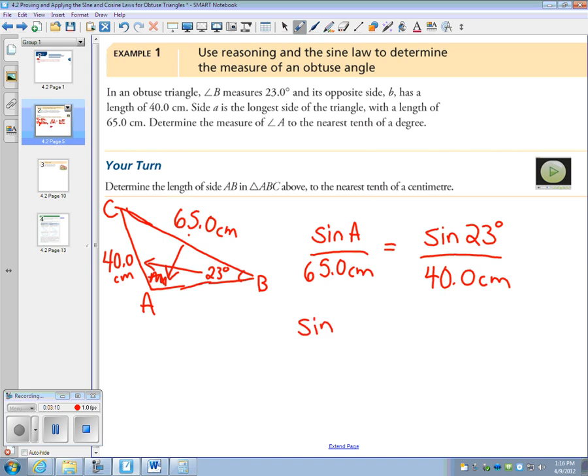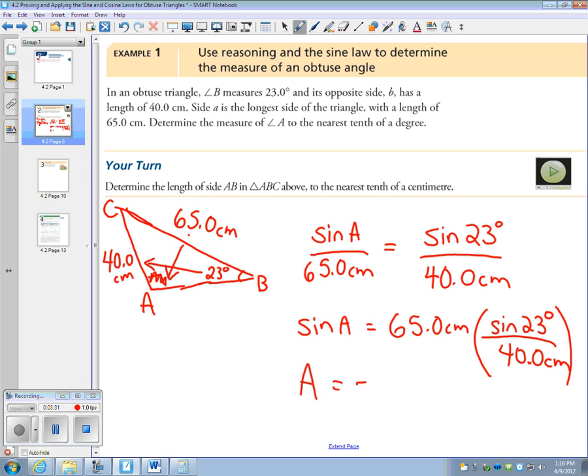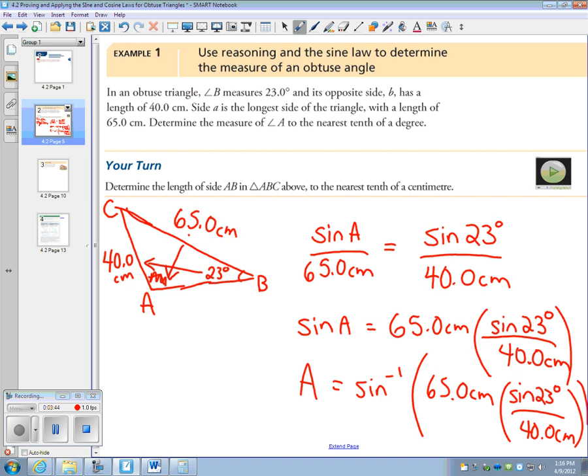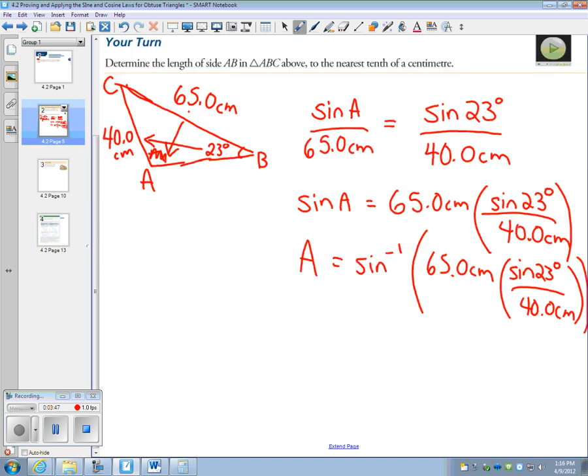I get sine of A is equal to 65 centimeters times the sine of 23 divided by 40 centimeters. I don't just want sine A, I just want A. So I'm going to inverse sine both sides. I get sine to the minus 1 of 65 times, I love brackets, sine of 23 over 40.0 centimeters. Now I'm going to get out my calculator and do this work.